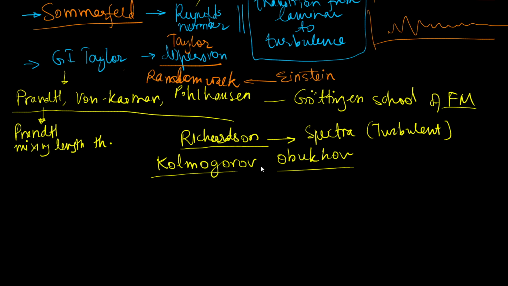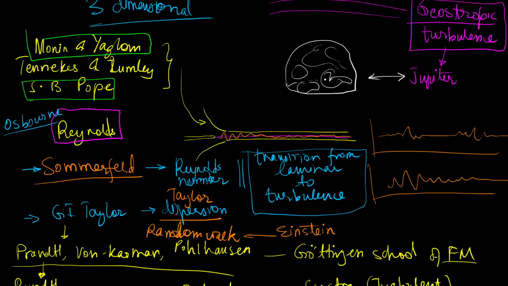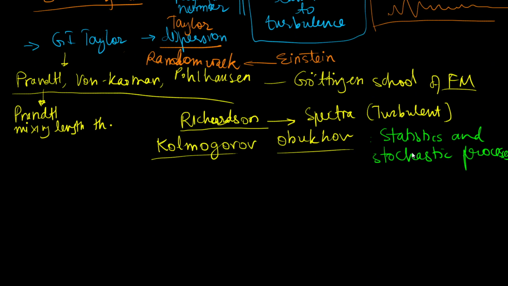They did very fundamental works on approaching turbulence from the viewpoint of statistics and stochastic processes. Okay, in fact, the book of Pope and Monin and Yaglom in particular, they deal with such kinds of stochastic processes.